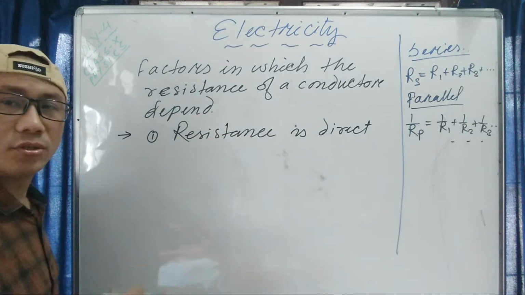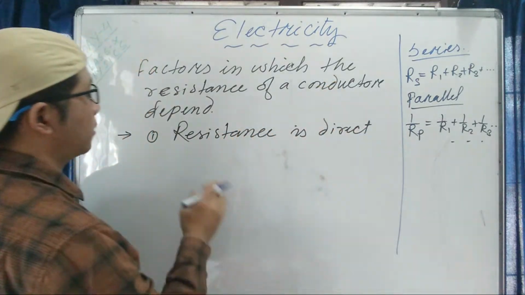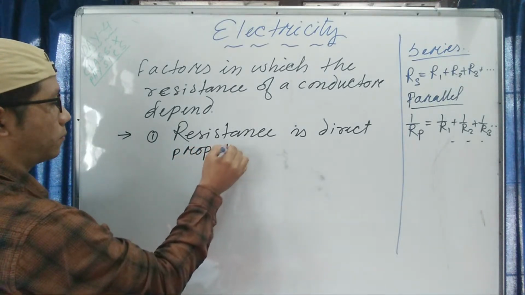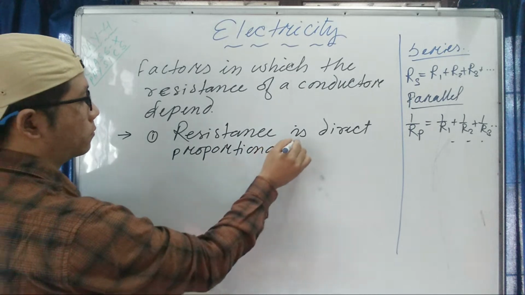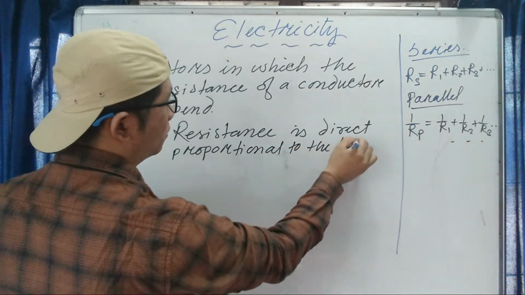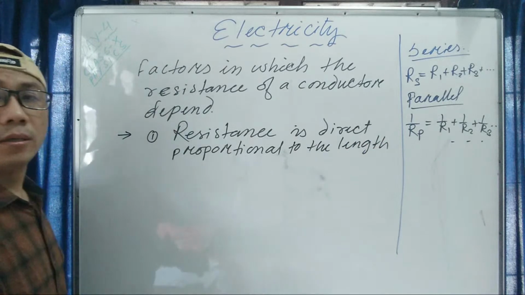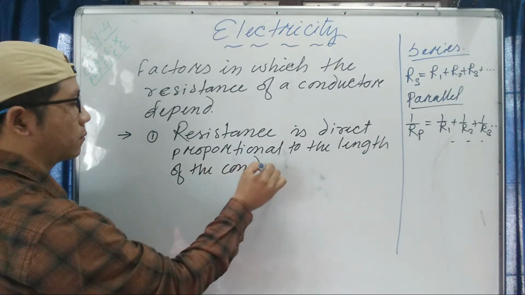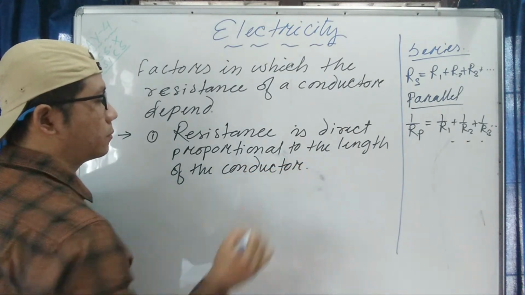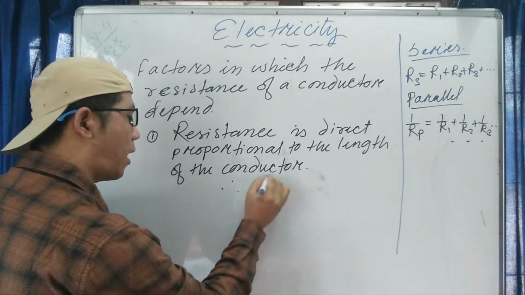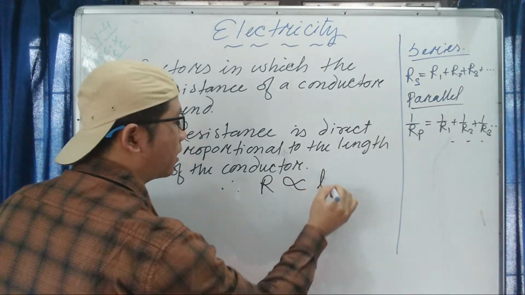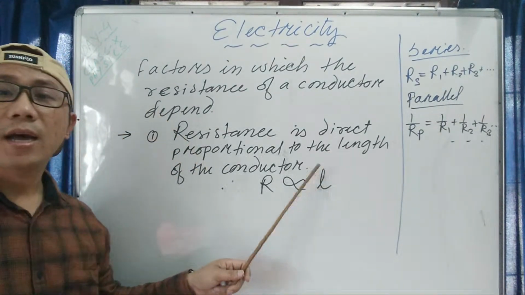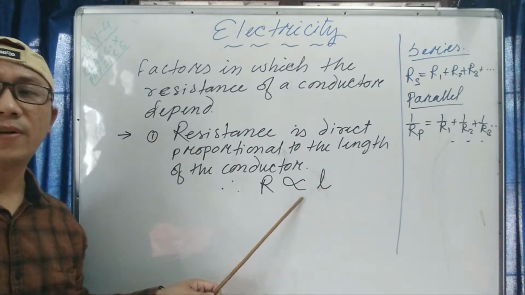Resistance is directly proportional to the length of the conductor. Therefore, R is directly proportional to L, where L is the length of the conductor. So this is the first point.